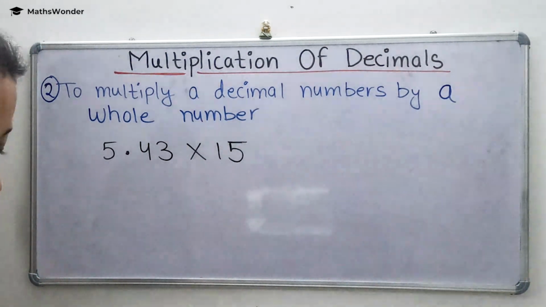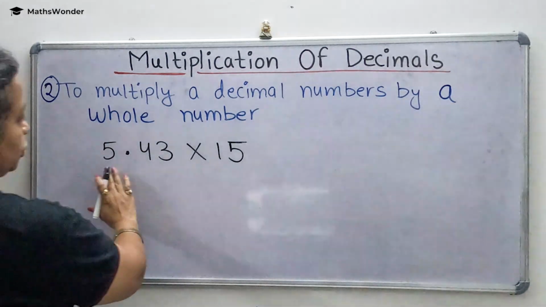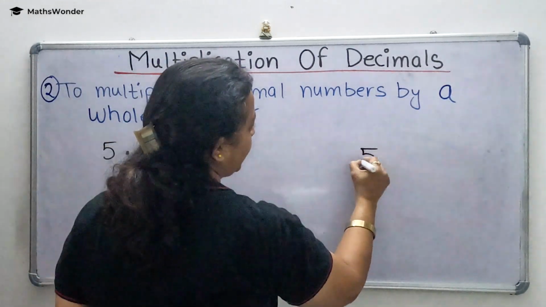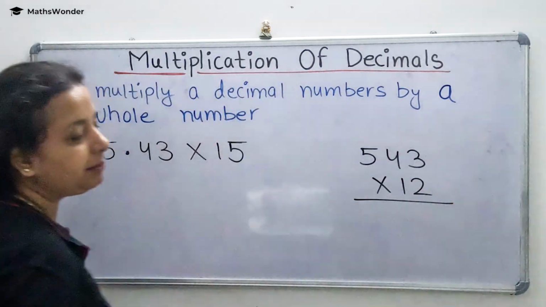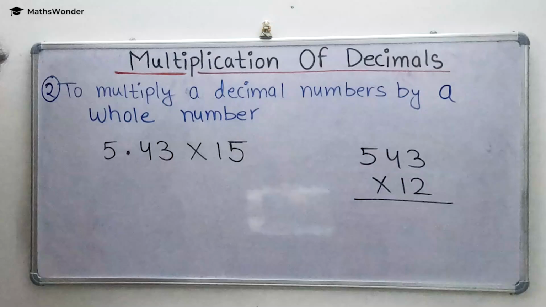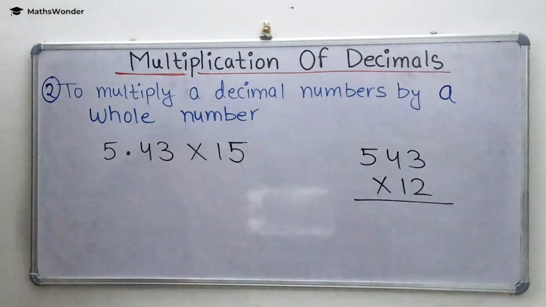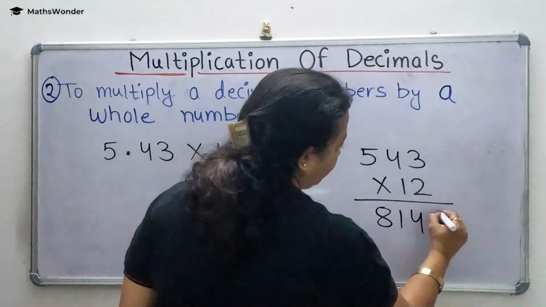So see, first of all, ignore the decimal point, okay, and multiply normally. Ignore the decimal point, do the normal multiplication. 543 times 15. When you multiply 543 times 15, you will get 8145.